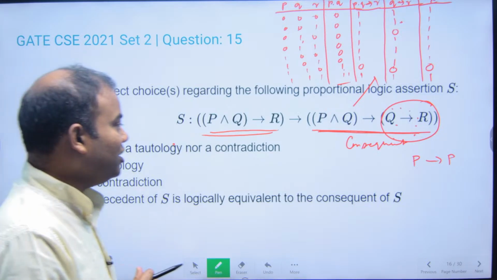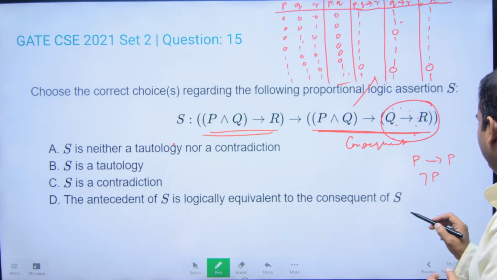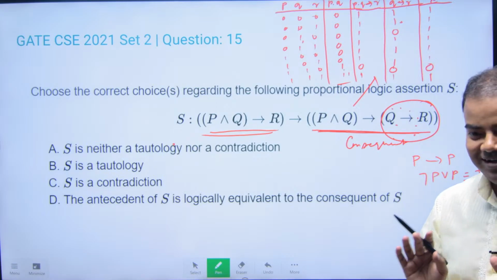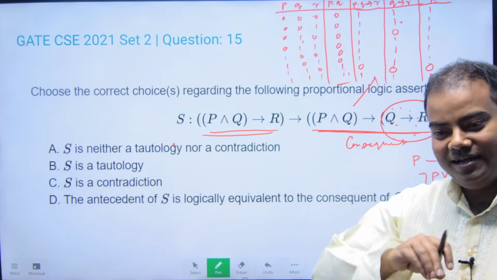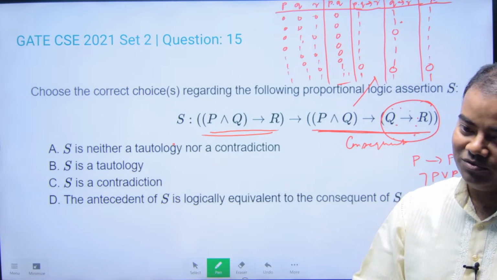Yes, it means actually this is not P or P. So what is not P or P? No, true. Okay, P and true are different. P means it can be true also, it can be false also, and true means it is always true.